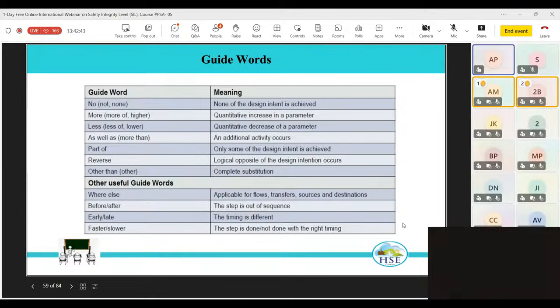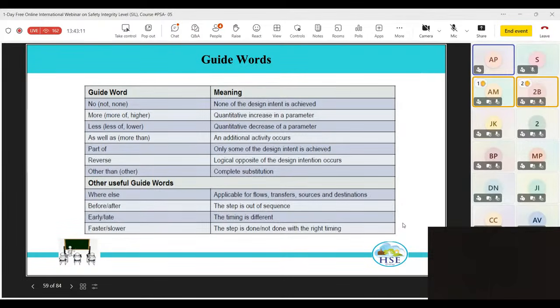Suppose you want the pump to take a particular level of pressure up, in addition to that, something else happens. Then part of means only part of the design intent is achieved. Suppose you want the design intent to be doing two things at a time and only one thing is happening at that time. So that is only part of.